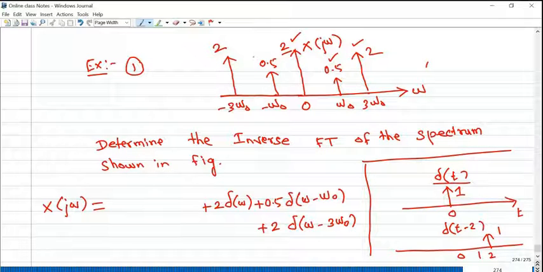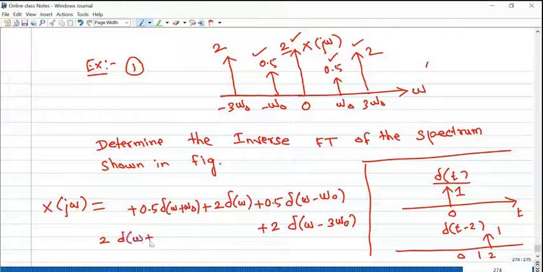For this component, magnitude 0.5, del of omega plus omega naught, plus this component, magnitude 2, del of omega plus 3 omega naught.